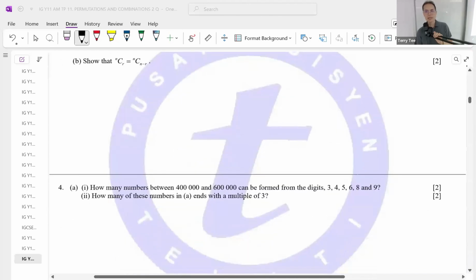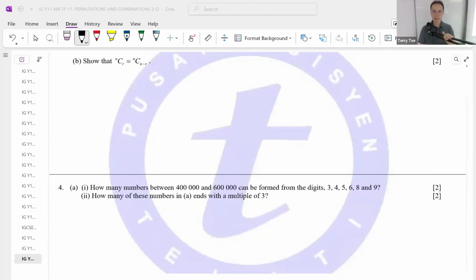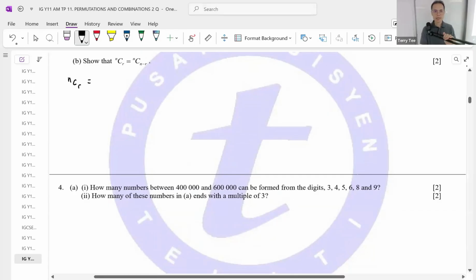So how do you show that nCr equals nC(n minus r)? Let's begin with the first formula. nCr is n factorial divided by (n minus r) factorial, isn't it? For this type of question, you perhaps look at the right hand side first. Remember the formula nCr is this, but the second part is nC(n minus r).